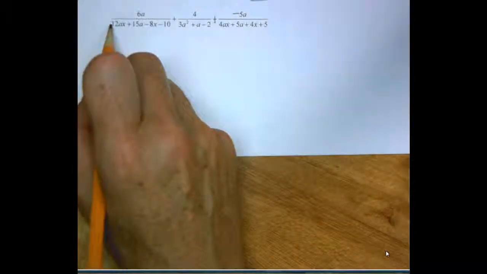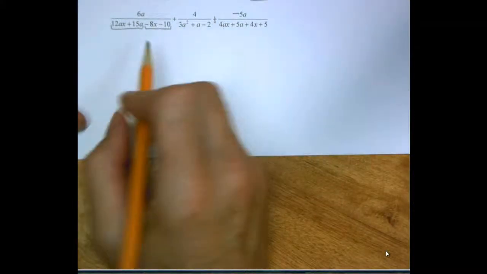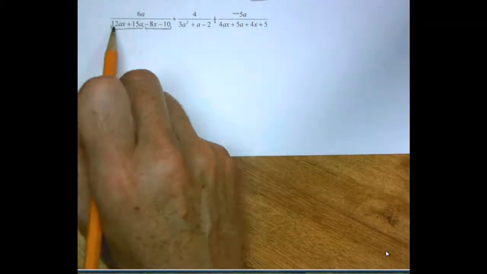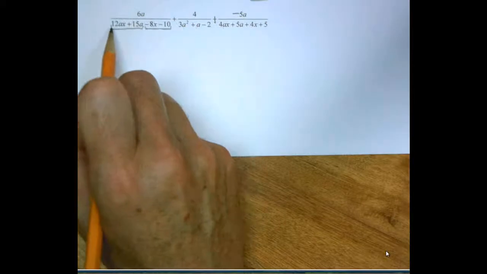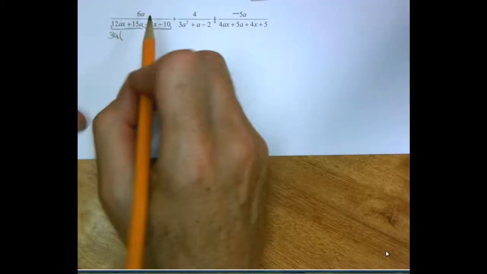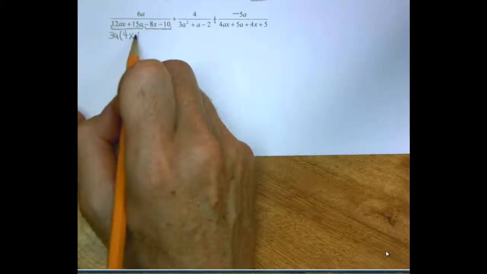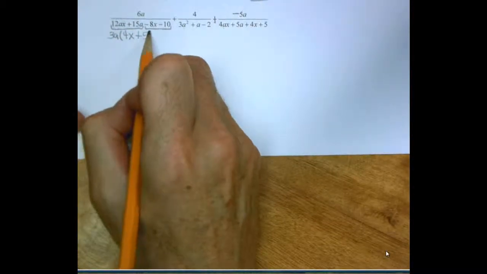Now, to factor this, I'm looking at the first 2 terms and then the last 2 together. The first 2, I'm looking for a common factor. I see a 3a. And if I pull out the 3a, I have a 4x left plus a 5.